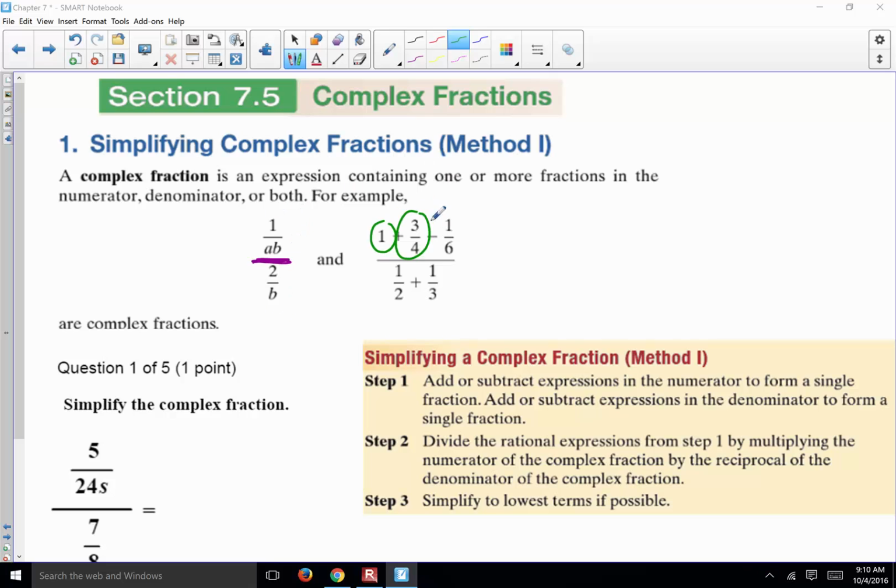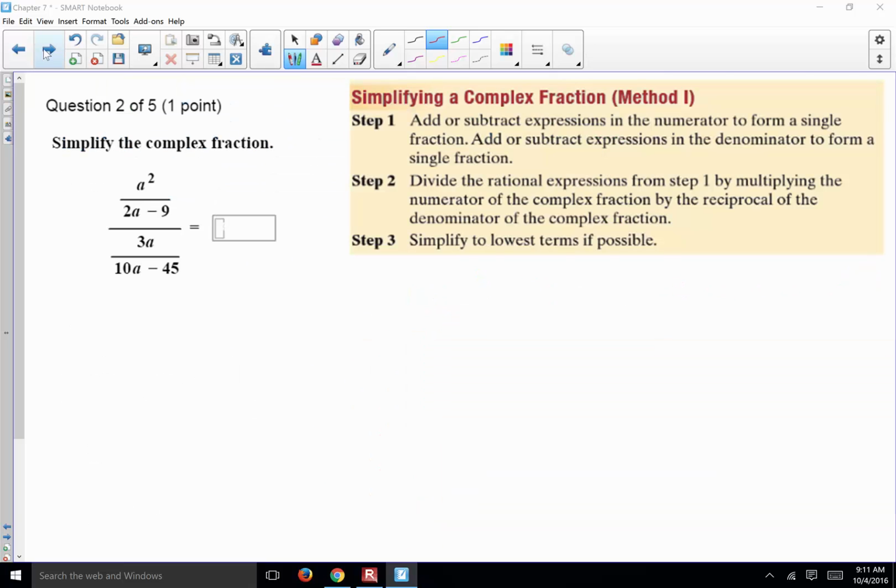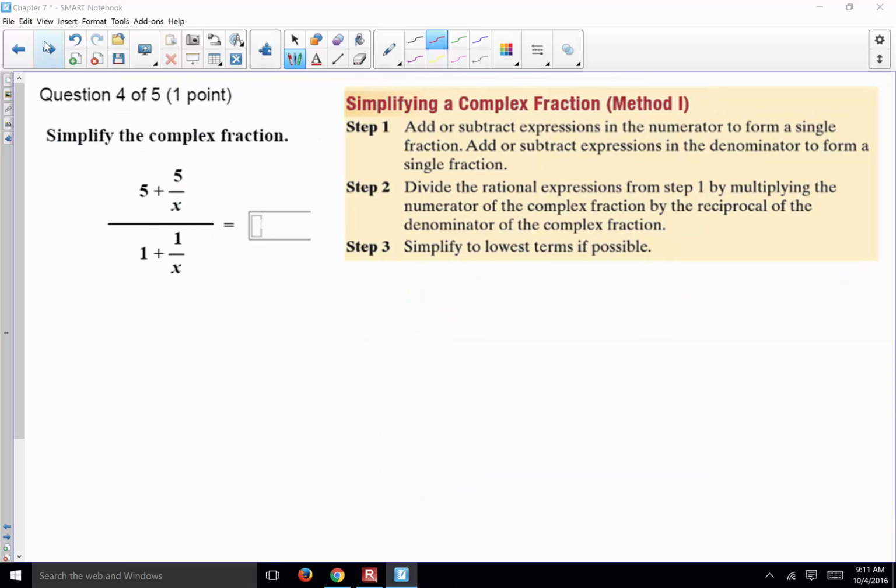There were more than one items, so all you need to do is combine them into one, and then you flip the bottom and multiply. That's what we did. And those stages were explained in this part. We pretty much followed a three-step method in every question yesterday.